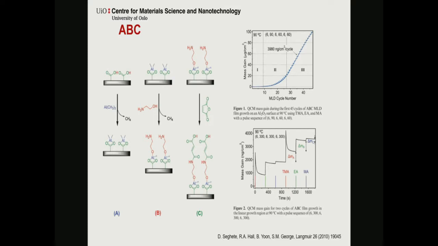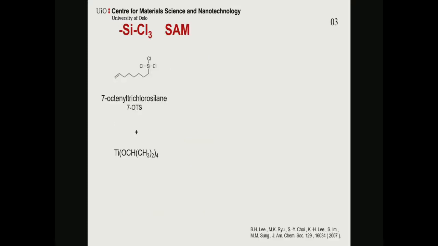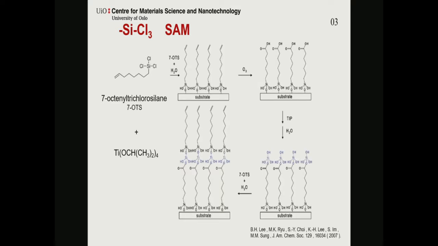You can also build chemistries through self-assembled monolayers. Self-assembled monolayers is this established technique in order to control wetting of the surfaces. Just expose your film with silanization, but if you do it with a double bond in the end, then you can do what we do when we grow the inorganic materials: go on with the ozone and convert the double bonds to this. It's a common thought that ozone just burns every organic stuff you have in the film.